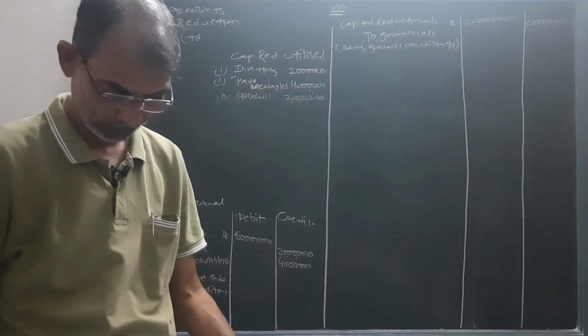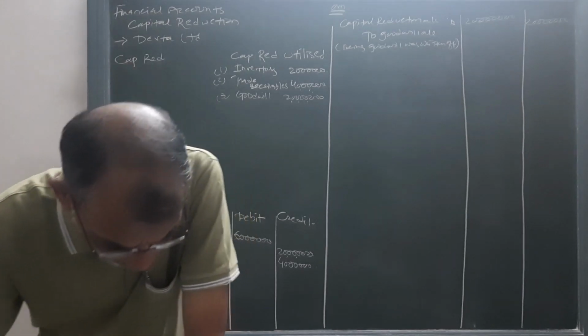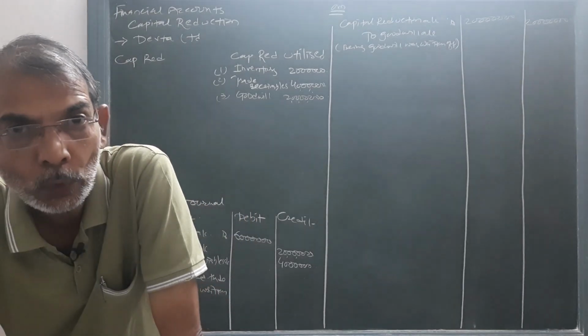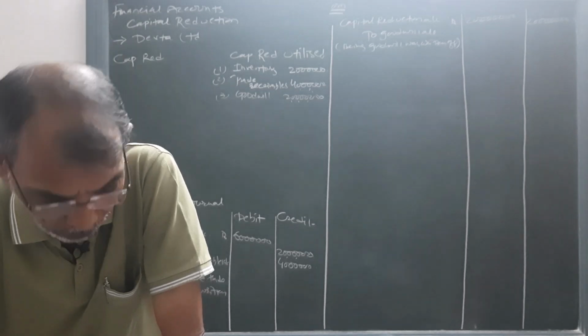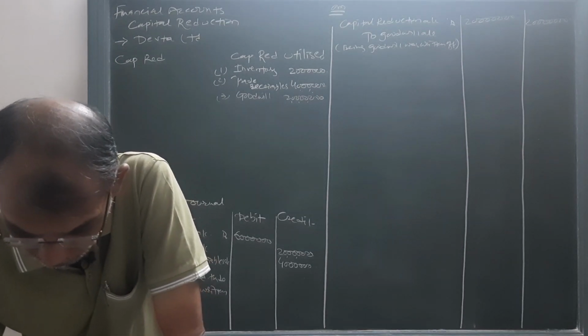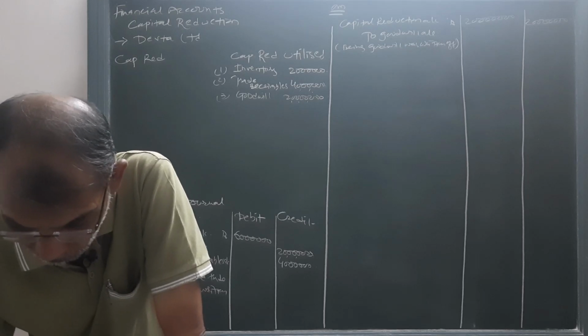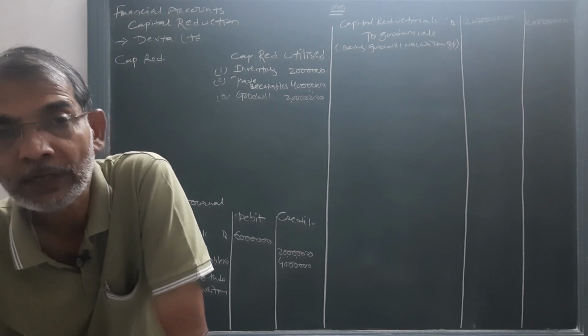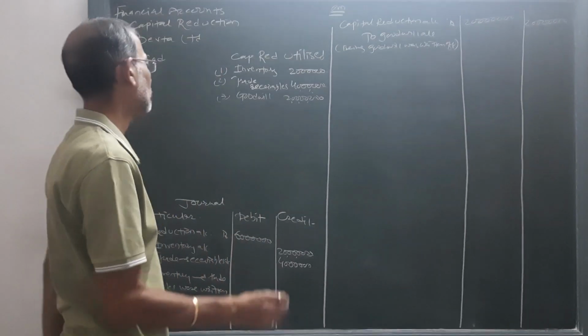Then next is half of the arrears preference dividend for 1 year was paid in cash. Now let's calculate. Preference share capital is 4 crore and rate of interest is 12%. So that will be 24 lakh.